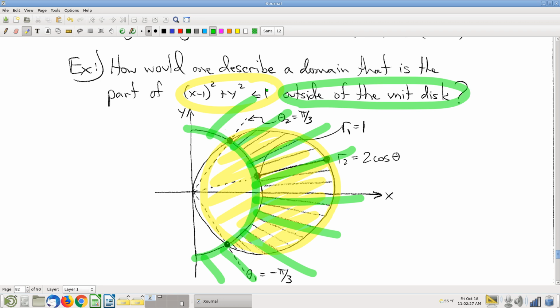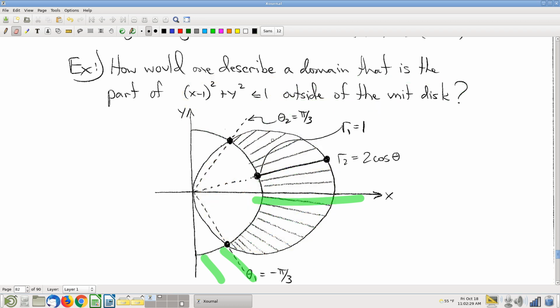And so my domain that I'm interested in here is altogether this sort of partial, what is this, it's a moon. It's a moon, yeah, totally.